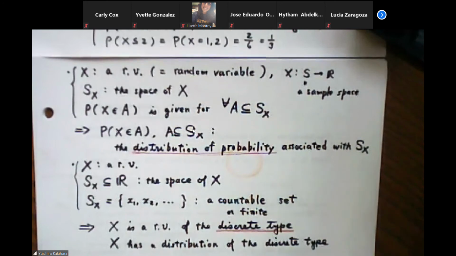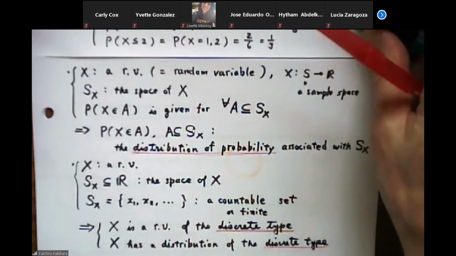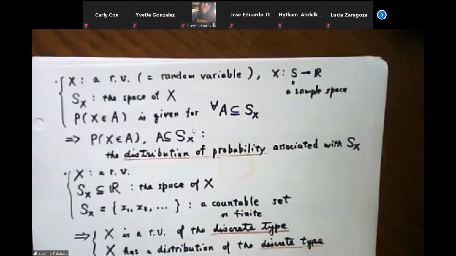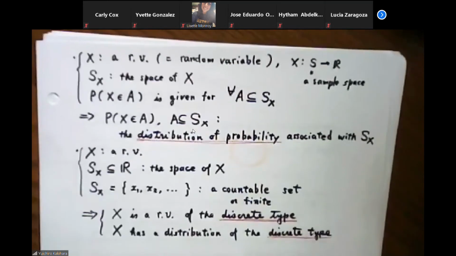This is the definition, okay, of the discrete type again. We say X is a random variable of the discrete type, or we say X has the distribution of the discrete type. That's all.